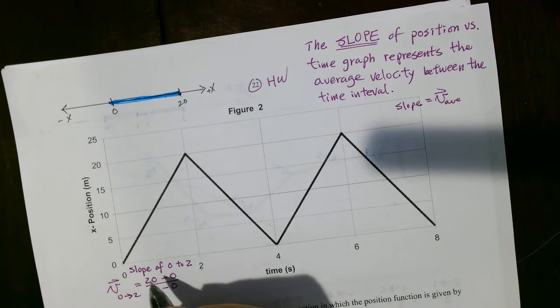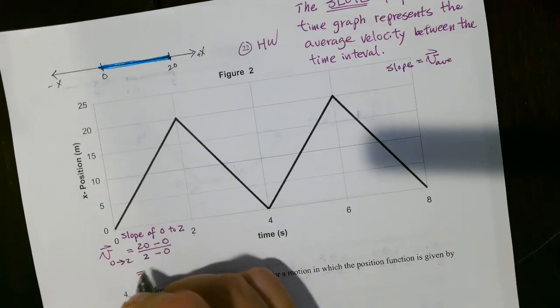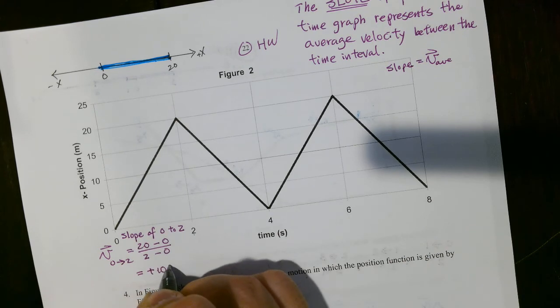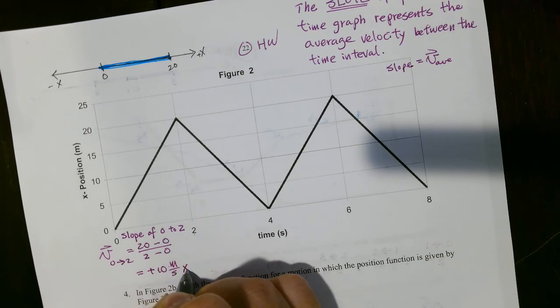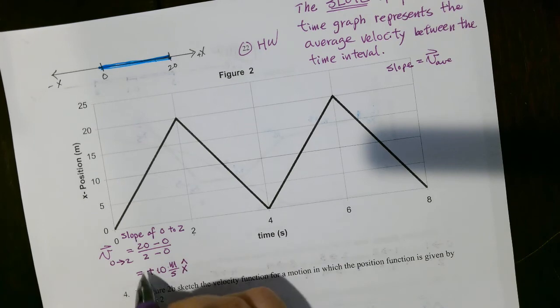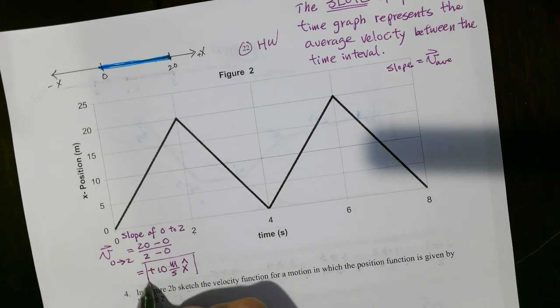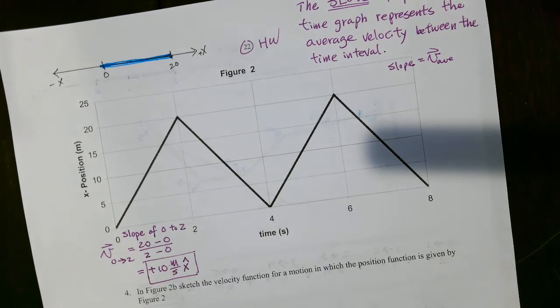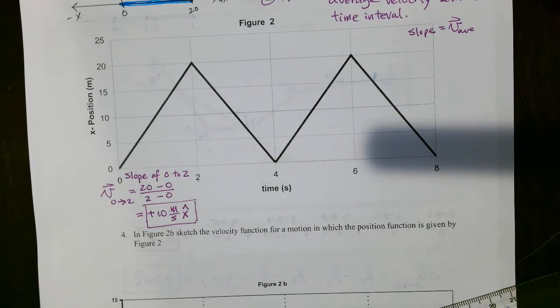So when I do this, I get positive 10 meters per second x hat for my average velocity between 0 to 2 seconds.